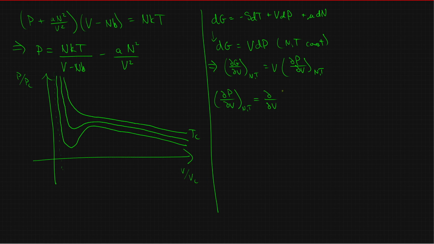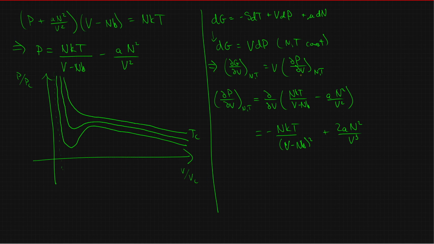it'll just be that on nkt over v minus nb, minus a n squared over v squared. Okay, so you take the derivative and you just get minus nkt all over v minus nb quantity squared plus 2a n squared over v cubed.